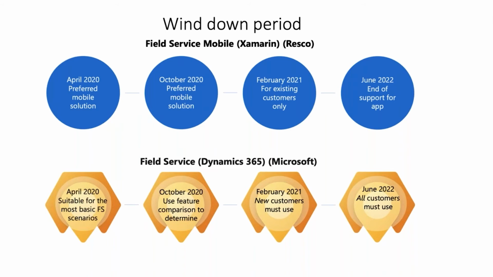So as of earlier this year, it's the default application for new customers, and they're very encouraged by Microsoft to start using it. In June 2022, so at about this time next year, it will be a default for all customers. So all customers should plan to switch to the yellow application.